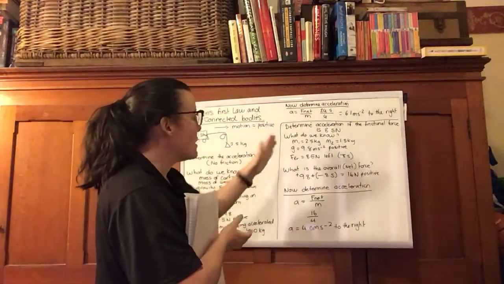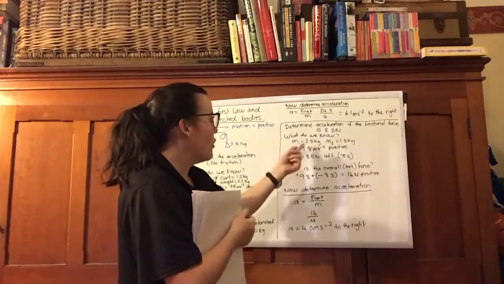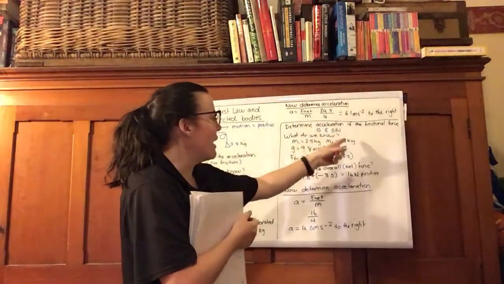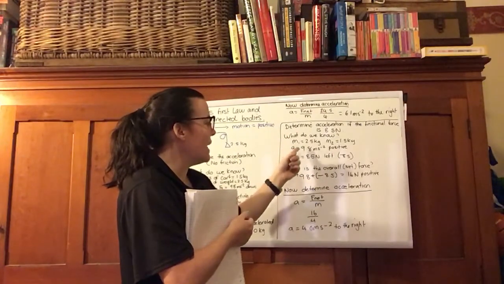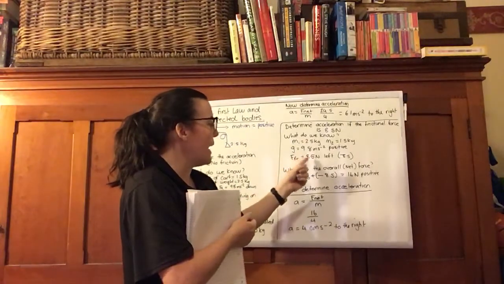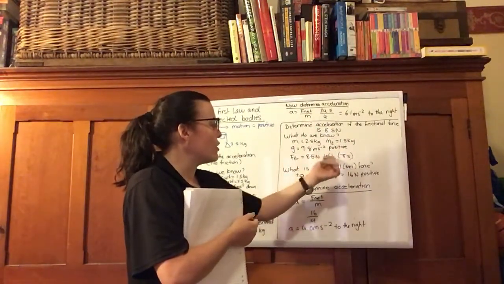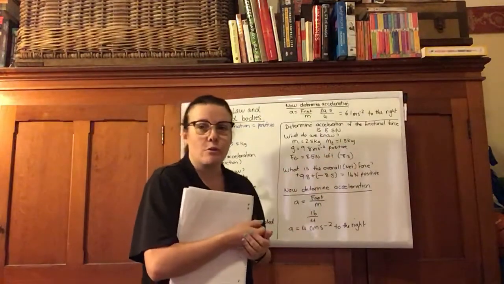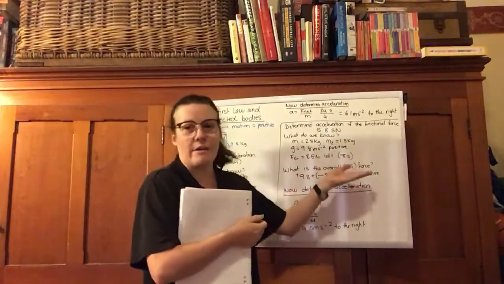Alright, so again, let's stop and think about what we actually know. We know the masses, it's 2.5 and 1.5. We know we've got the force of gravity at 9.8, and we also have the frictional force at 8.5. Gravity is to the right, the frictional force is to the left. So step 1 is we have to work out the overall net force.